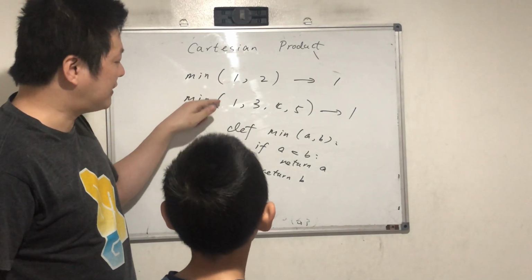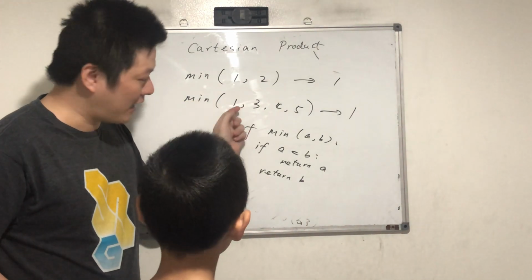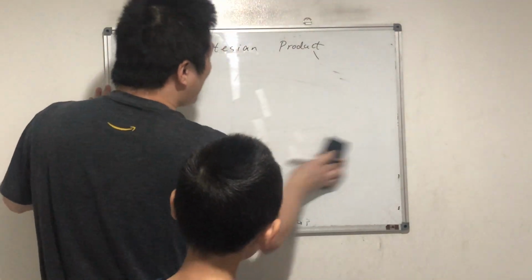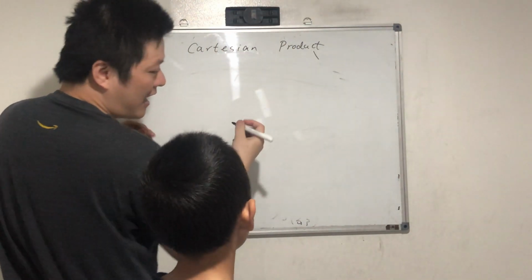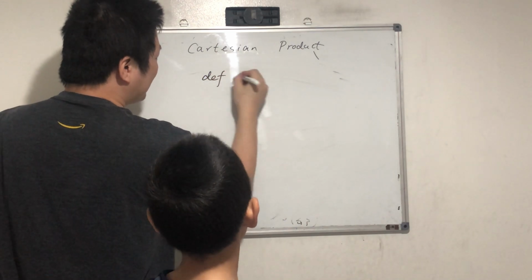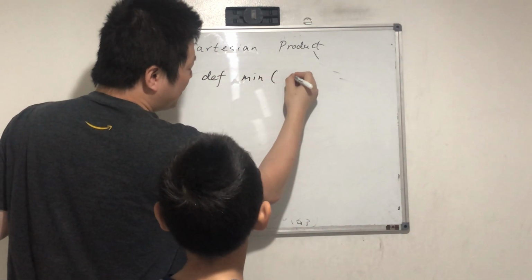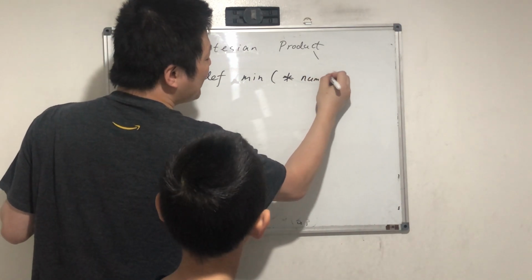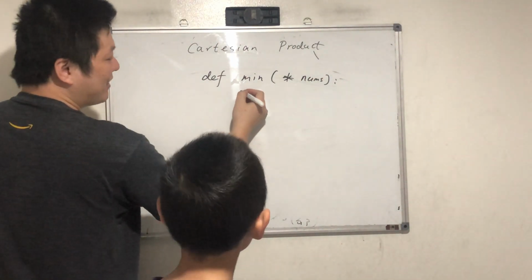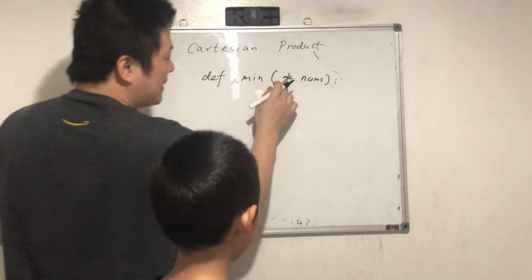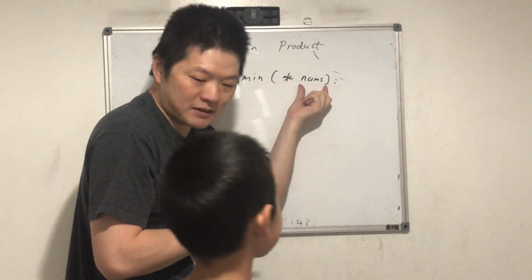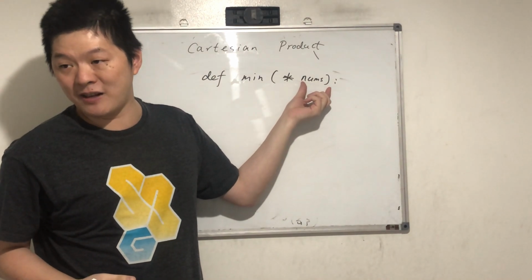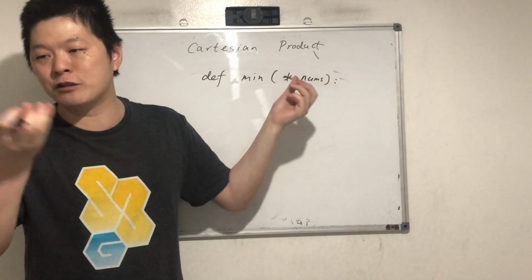Because it supports more than two, and 5, 6, etc. Then you can use the variadic argument. So you define min and put a star here, star nums. Star means that for these nums, you can give as many parameters as possible. It does not have to be a fixed number.